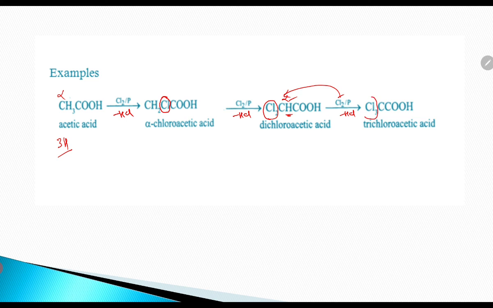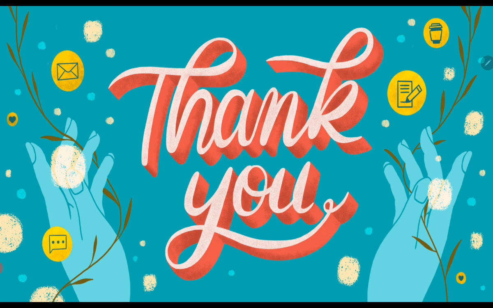So we are getting 3 chloro groups substituted here, and we get trichloroacetic acid as the product. So in this way, the 3 alpha hydrogens of acetic acid are converted to 3 chloro groups, and we get trichloroacetic acid by the HVZ reaction or Hell-Vollhard-Zelinsky reaction.